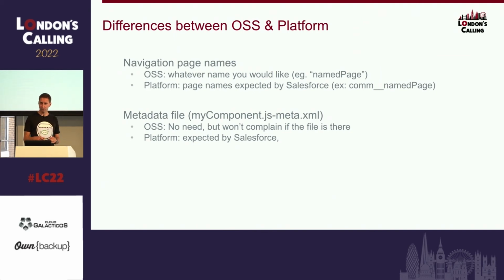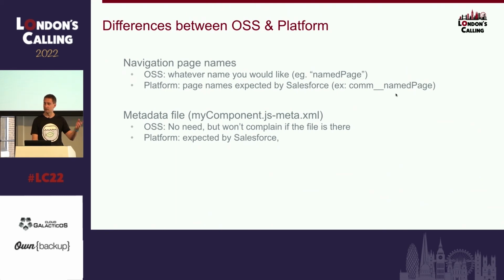Navigation is working fine, so you can use the navigation service, the navigation mixin, etc. in both of your components. It's working on Salesforce, but also on the OSS version. The only thing is that when I created my component for the demo, I was like, oh, okay, I will name my page like a name page. That's cool, that works, because I can set the name I want. But on Salesforce, you can't really set the name you want. Salesforce is expecting, for instance, in a community, the page tab should be a comm__namedPage.